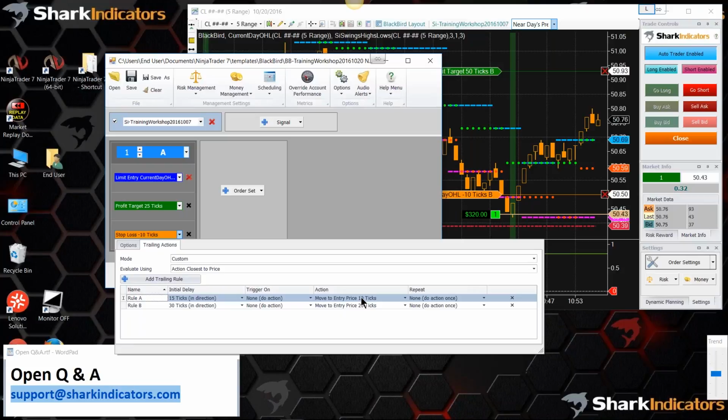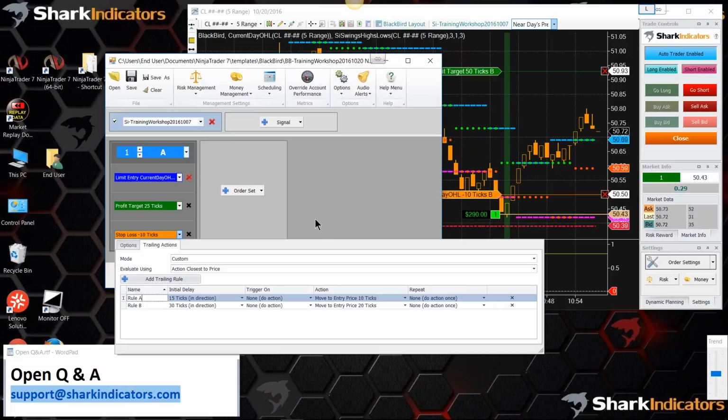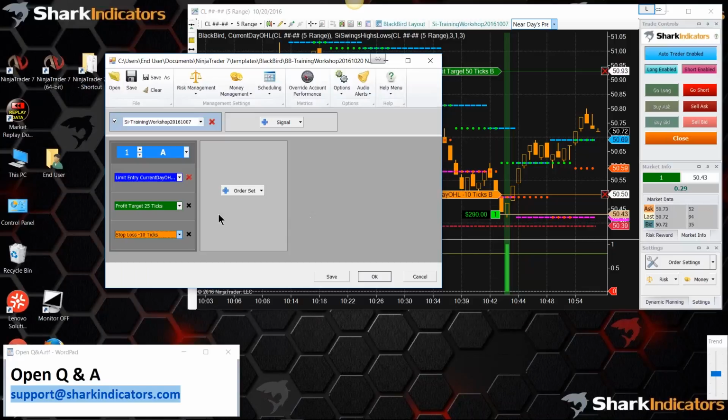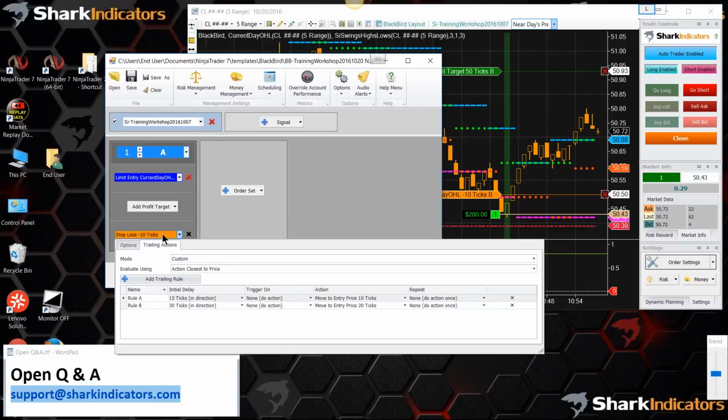Will it move the stop loss and then stop out immediately on the down move? Yes. Yep. It sure would. It sure would. So let's go ahead and test this out.